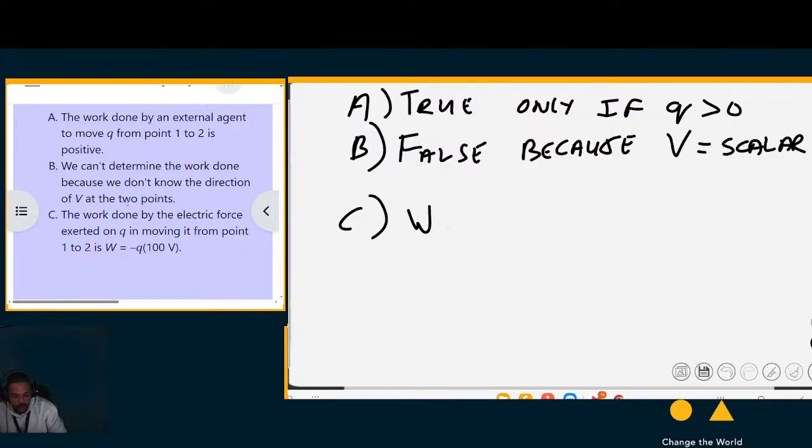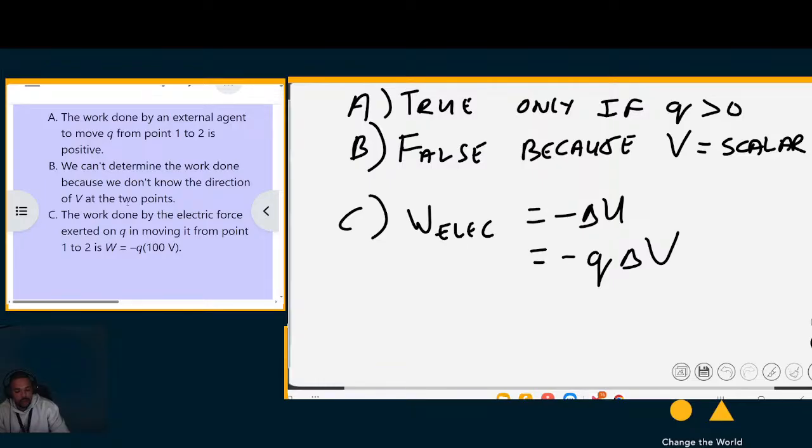Now we know the electric work is equal to the negative Q delta V. Remember, this is the electric work now. It's negative Q because it must be equal to negative W external. That's why it is negative.